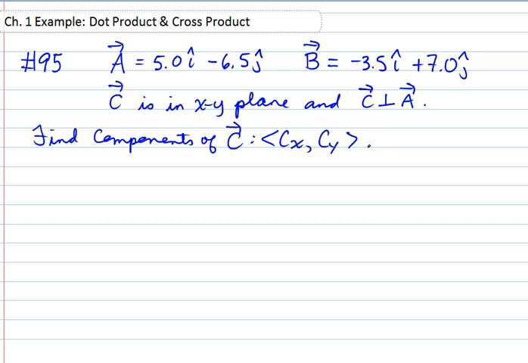We're also told that the dot product of C and B is 15.